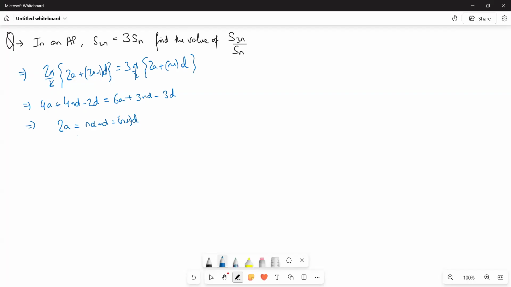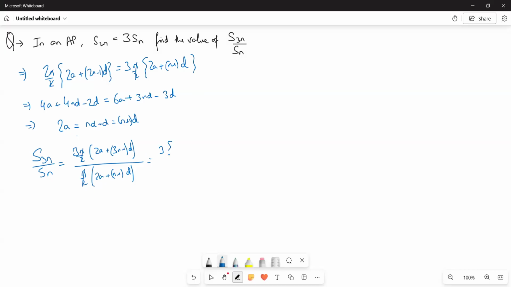Okay? Now we are looking for the value of S of 3n by S of n. So S of 3n by S of n would be 3n by 2 into 2a plus 3n minus 1 d divided by n by 2, 2a plus n minus 1 d. So again n by 2 cancels. Now we plug in the value of a from above, that 2a is n plus 1 d.